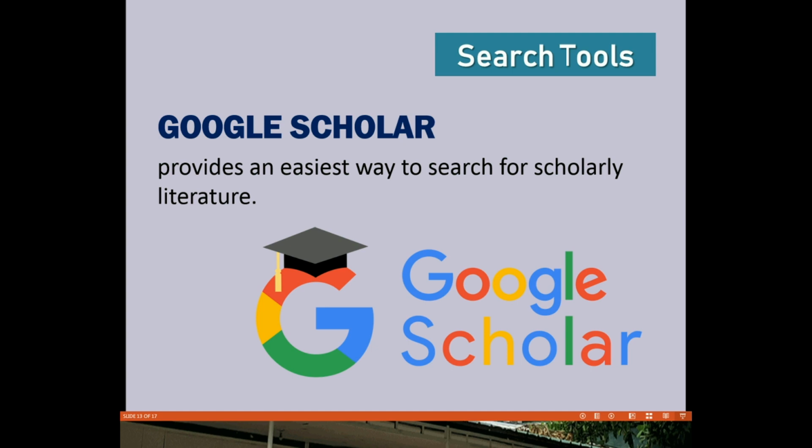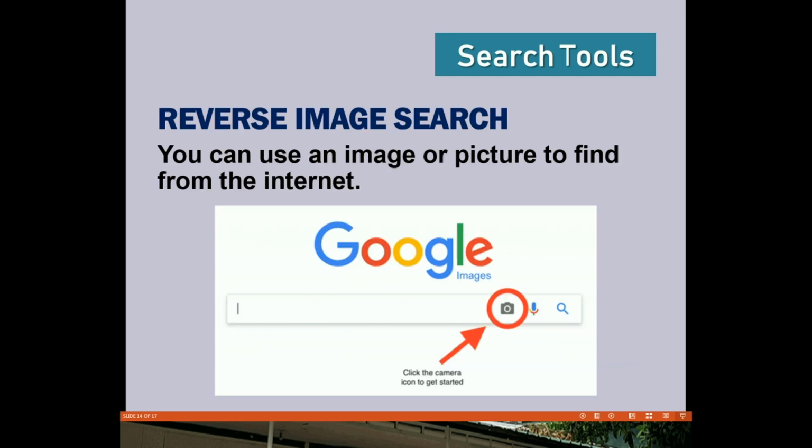Search results will include scholarly literature citations, peer-reviewed publications, theses, books, abstracts, other literature, articles from academic publishers, professional organizations, preprint repositories, universities, and other scholarly organizations.